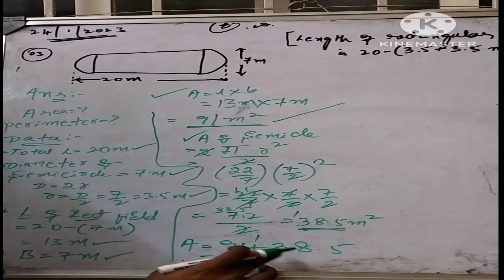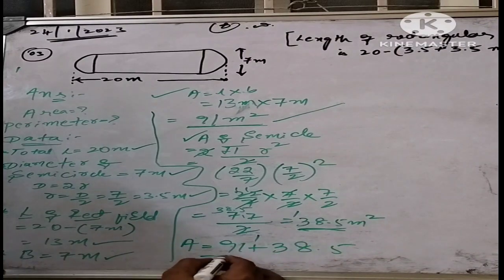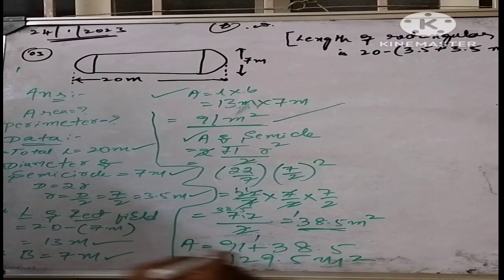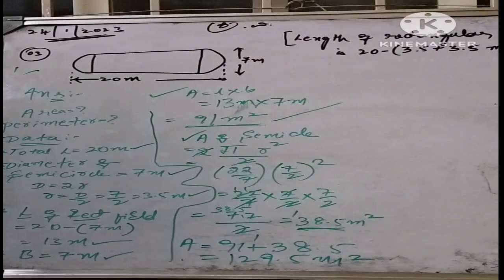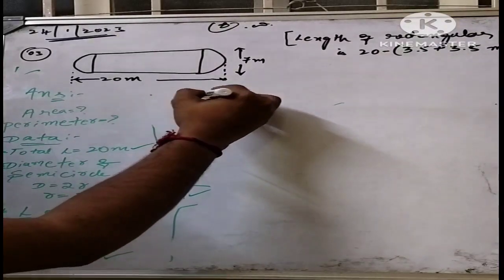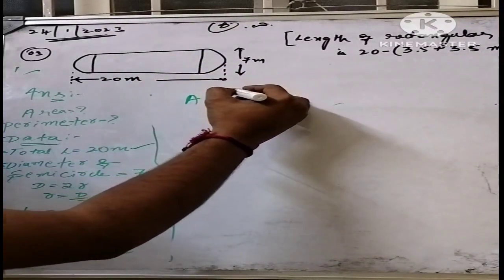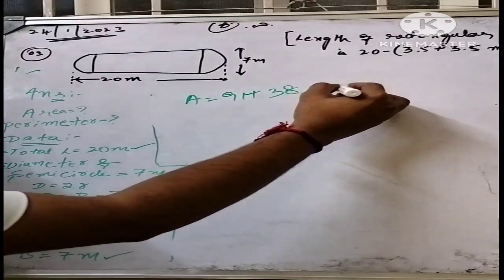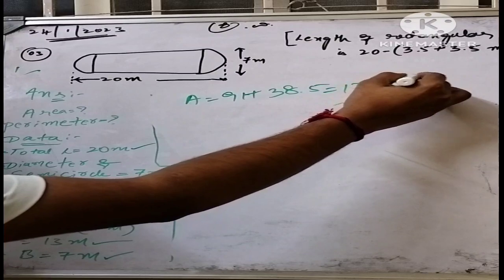So 91 and 38.5 is 129.5 meter square. So now we have found the area of the total garden: 91 plus 38.5 equals 129.5 meter square.